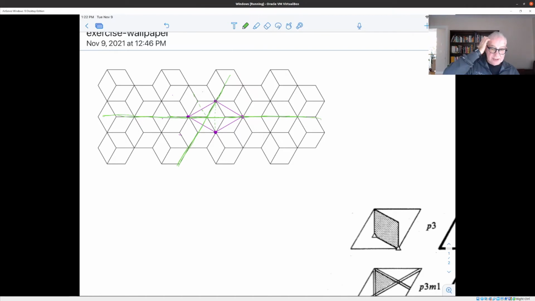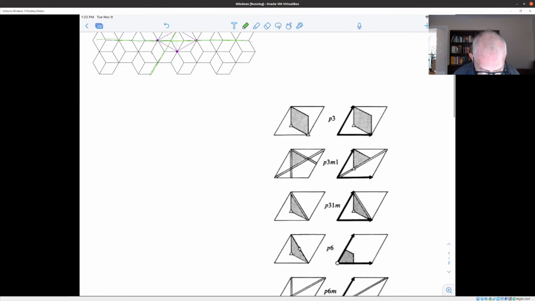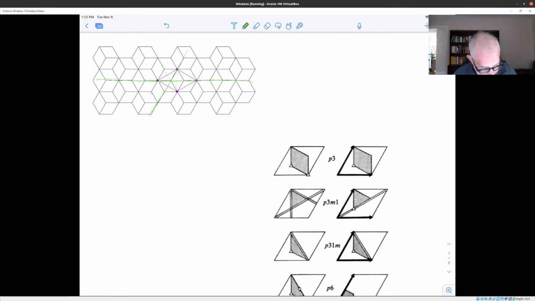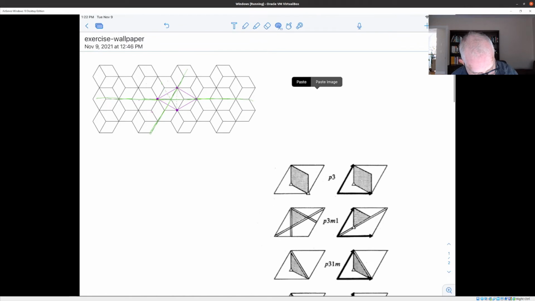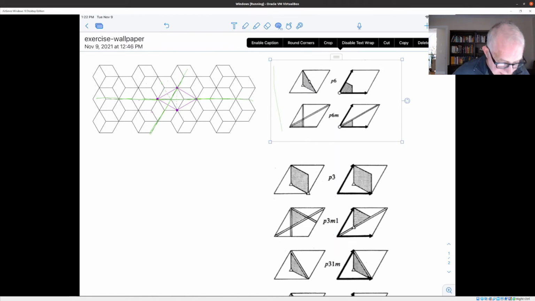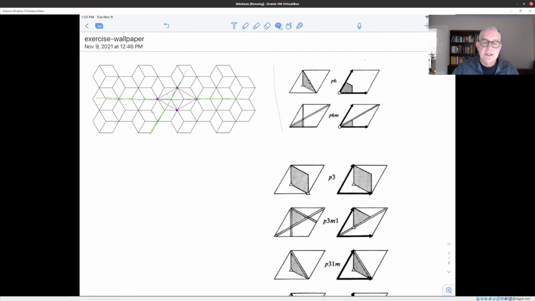And now let's take a look at the classifying diagrams and see if we can figure out what's going on. In the classifying diagrams, we've first of all decided that we have a 6-fold rotational symmetry. And that boils down our choices to one of these 2. So I'm going to copy them up here so we can look at them more closely. One of them, the one on the top, has a 6-fold rotational symmetry based at the origin, but it has no reflection symmetries.